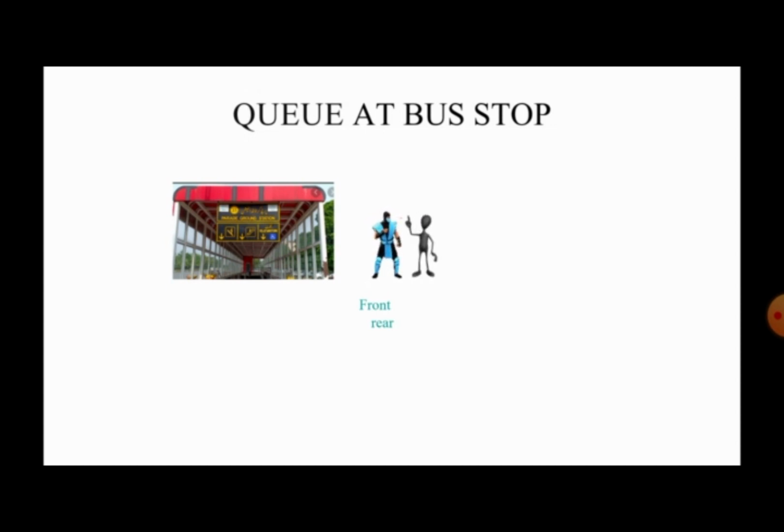In case a new person arrives, then the rear pointer will change and it will point to the newly arrived person. Same, if a new person arrives again, then the rear pointer will change accordingly.